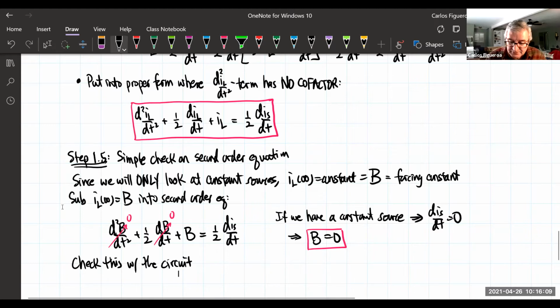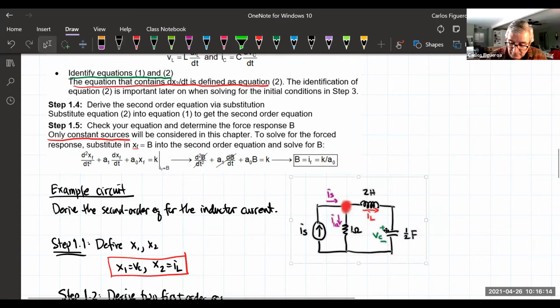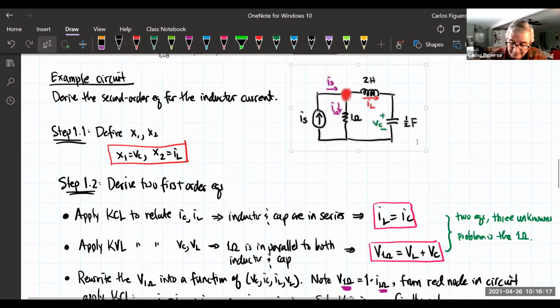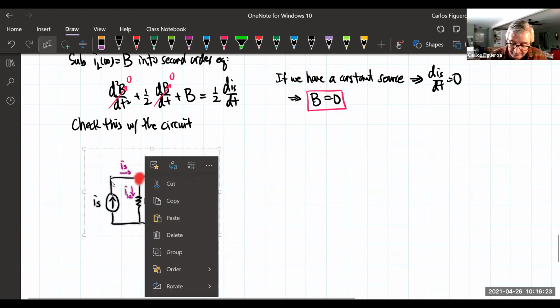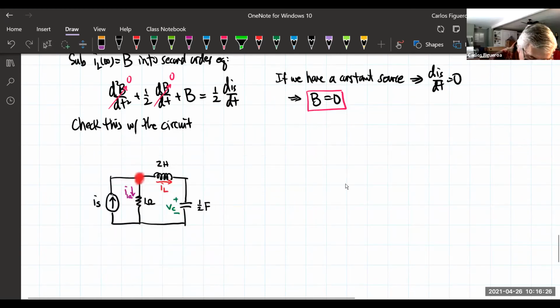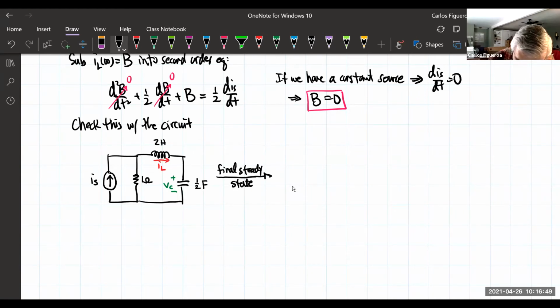So I'm going to go upstairs and grab that circuit. Here's my circuit right here. It looks like this here, so I'm going to take this all out. When I look at this circuit, as it goes to its final steady state, what should I see?